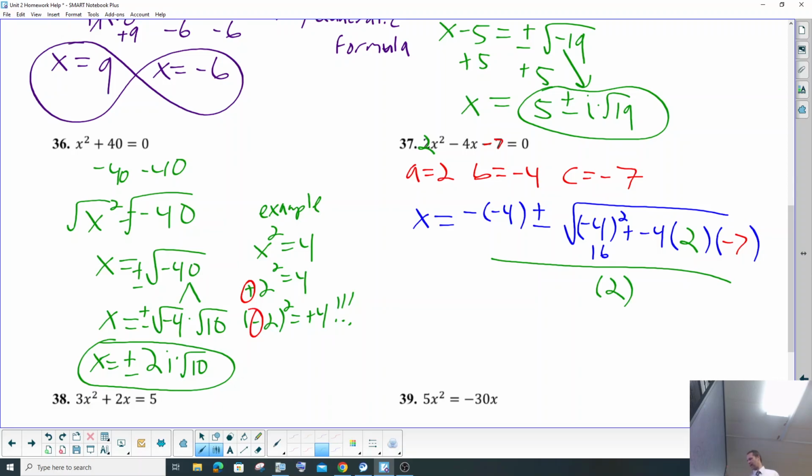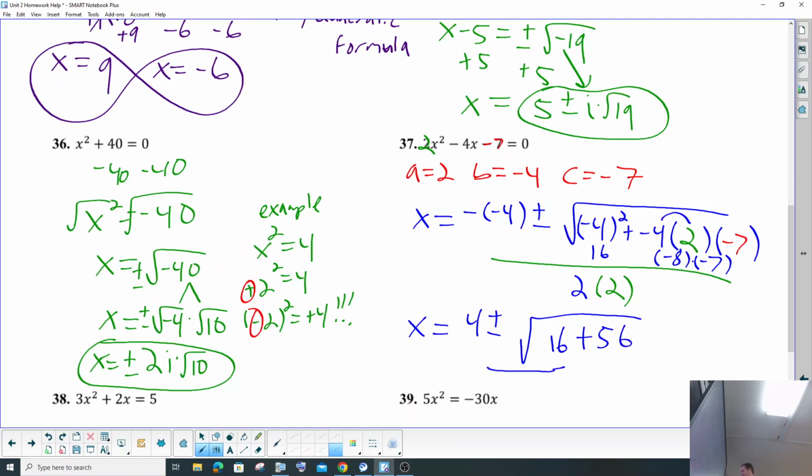Negative 4 times 2 is negative 8, and negative 8 times a negative 7 is positive 56. So we go ahead and get 16 plus 56, all over 2a, which is going to be 4.